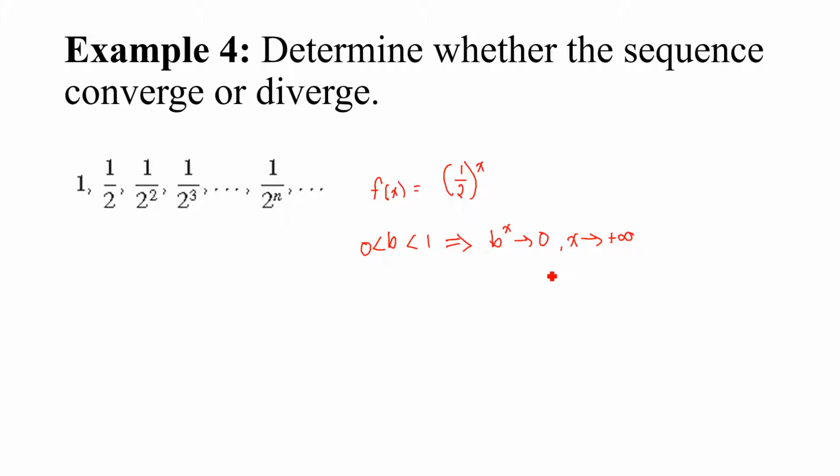So in this case, the limit of 1 over 2 raised to n as n approaches positive infinity is equal to 0. Therefore, this sequence is an example of a convergent sequence because it converges to 0. Okay, so that's the explanation.